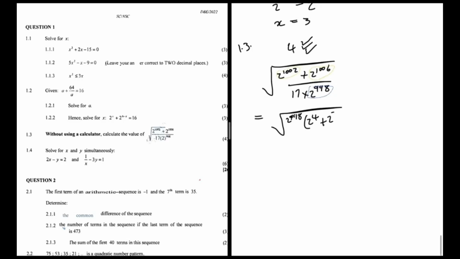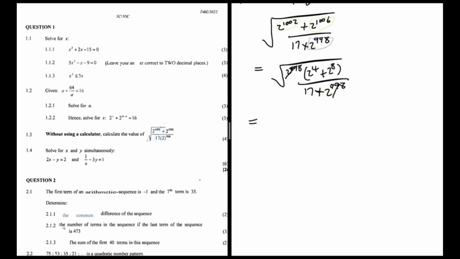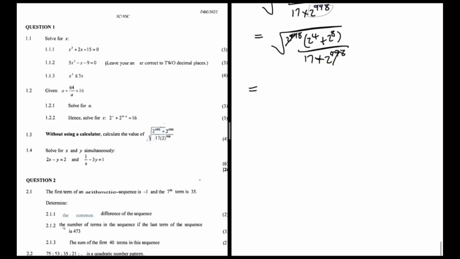So we get 2 to the power of 8 divided by 17 multiplied by 2 to the power 998. The 2 to the power 998 terms cancel and they're gone. So now all I have is 2 to the power of 4 plus 2 to the power of 8 divided by 17, right?